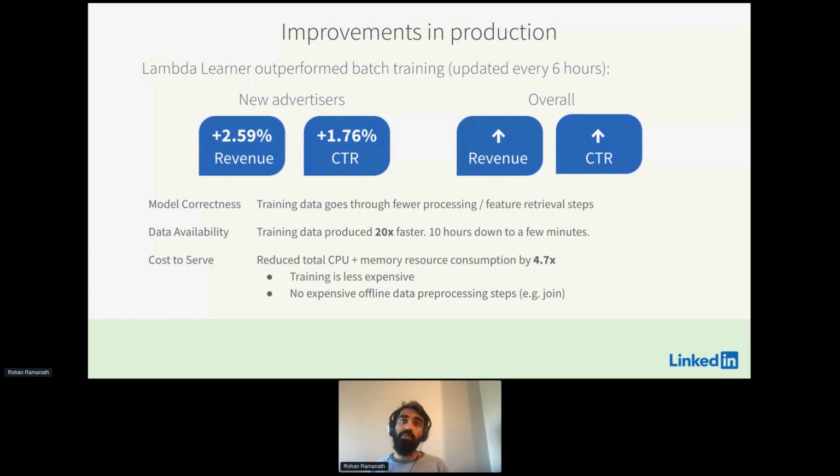So it was 20 times faster, and it reduced the data availability from taking 10 hours before to just a few minutes. Finally, because of getting rid of these large offline joins, it was less expensive from a cost to serve perspective. It was almost 5 times cheaper to build out this than relying on large offline joins and similar things.